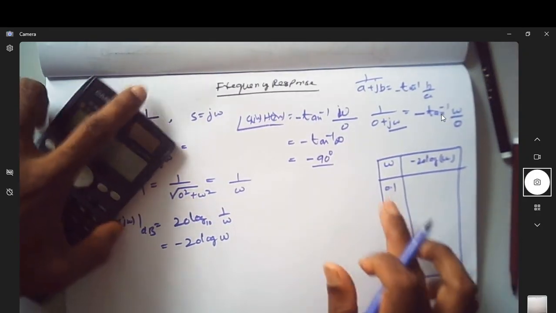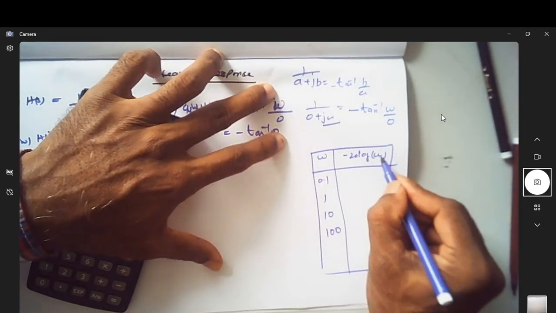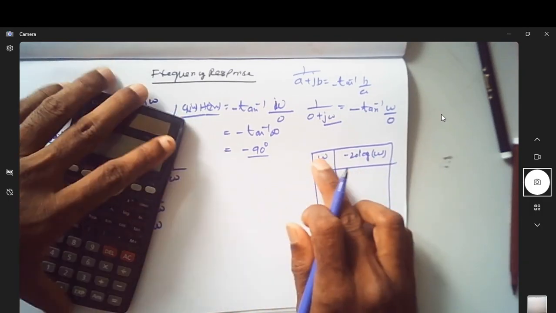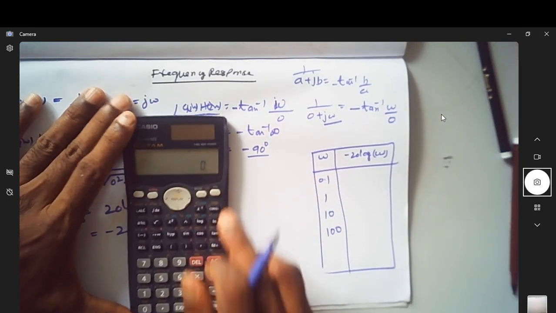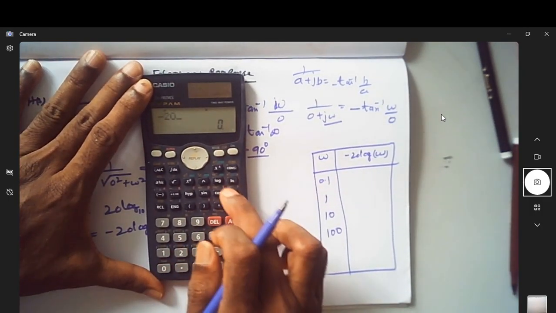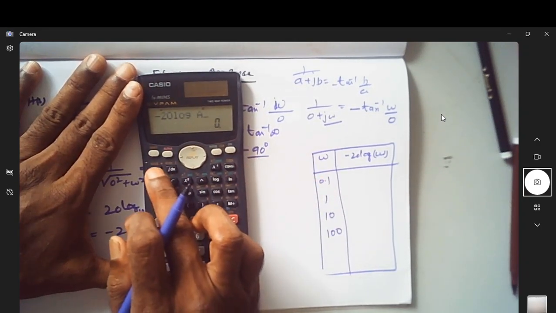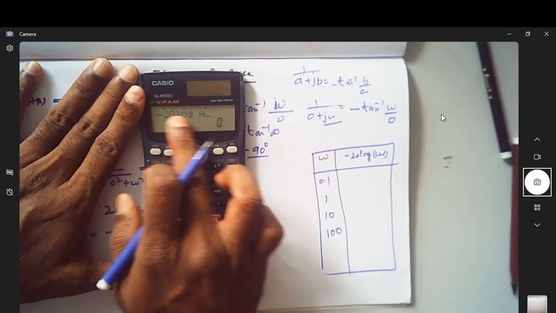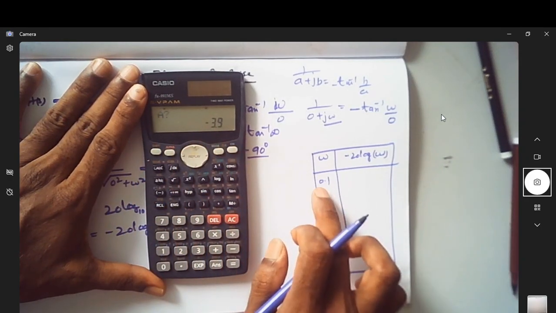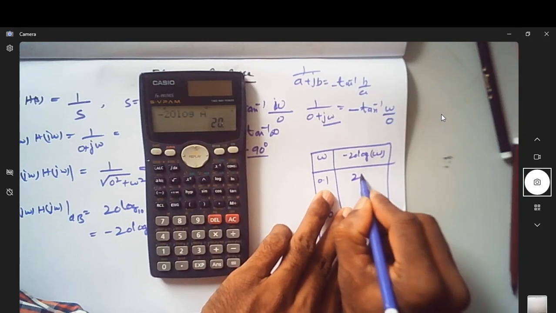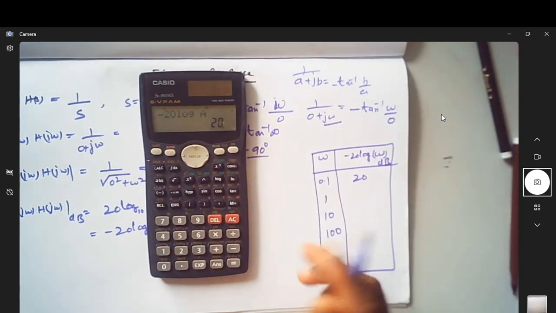Let us find the magnitude of minus 20 log omega for these values of omega. I will calculate minus 20 log of a for different values of a. Let a be 0.1. You can see this is in dBs, so this is 20 dB.